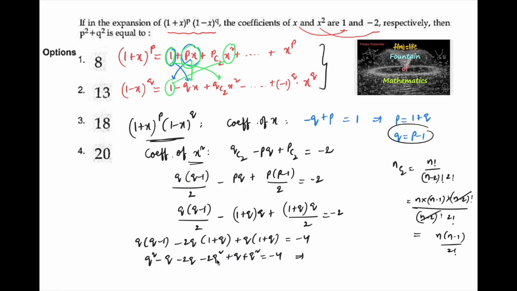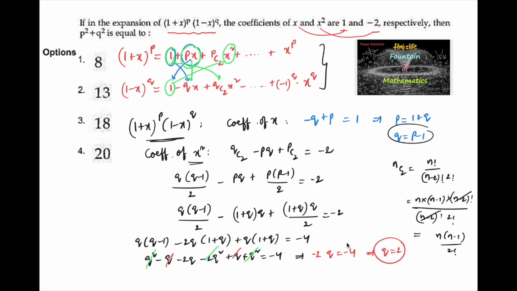So q square plus q square, and again minus 2q square gets cancelled, and here minus q minus 2q plus q, that is minus 2q, which is equal to negative 4, which implies q is equal to 2.